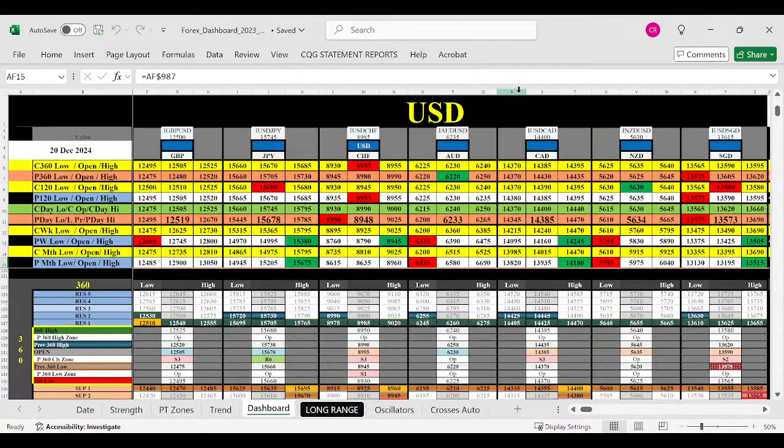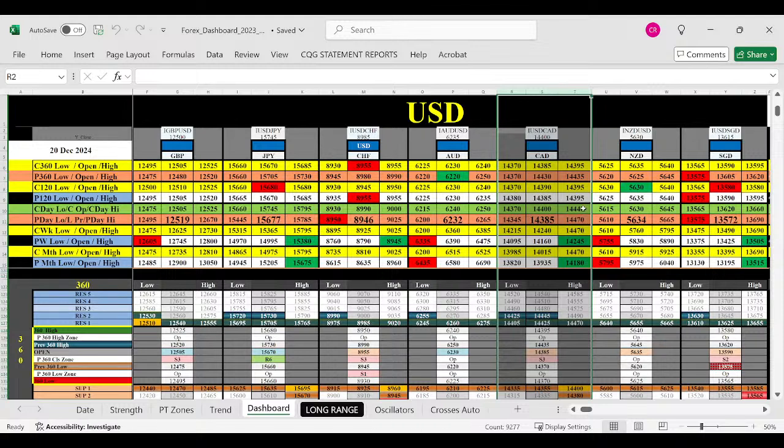Since we are going for a sell, we need to concentrate on the high. Your previous day high was 144.70, and the current day high was 144.40, which means this is making a lower high.